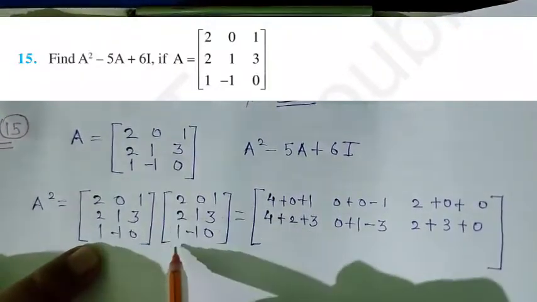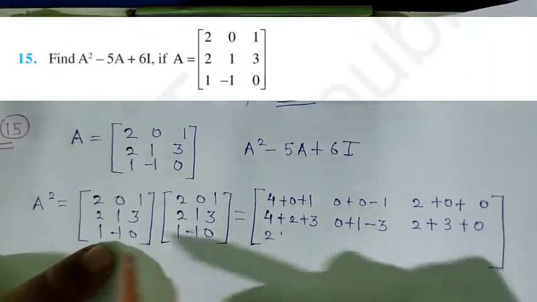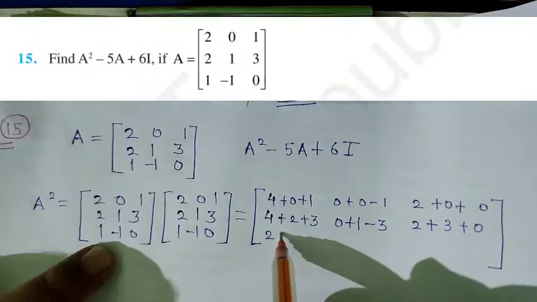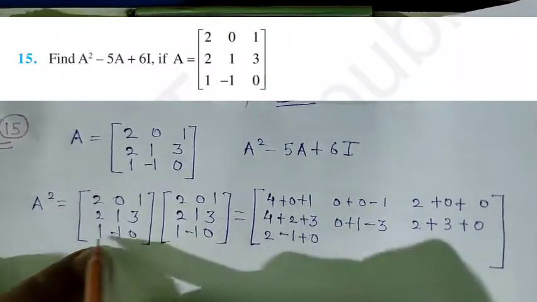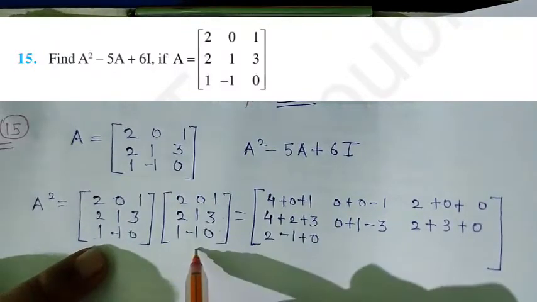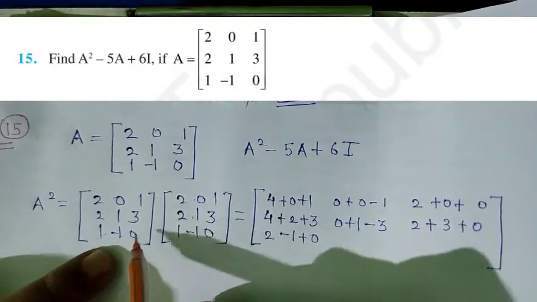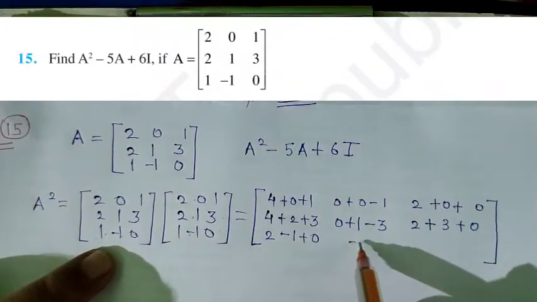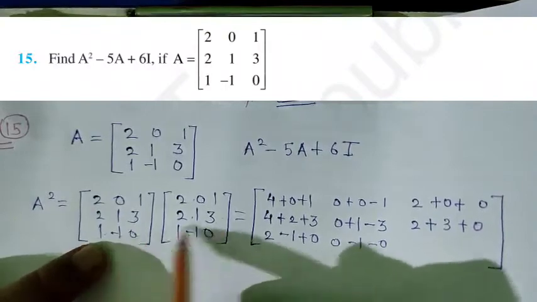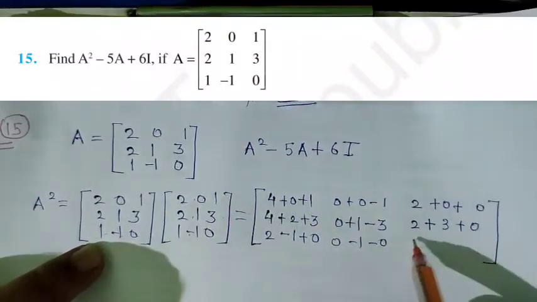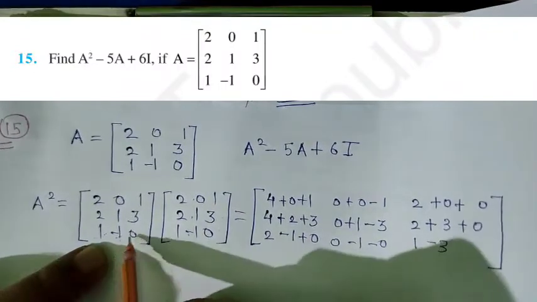Similarly, 1 and we'll multiply this, 1 2s are 2, minus 1 and 0. This multiply this will give another element, 0, minus 1 and 0. And this multiply this, 1 1s are 1, minus 1 minus 3, 0.